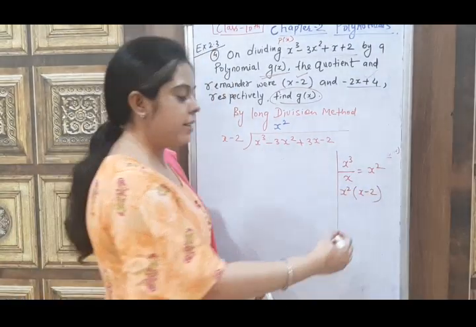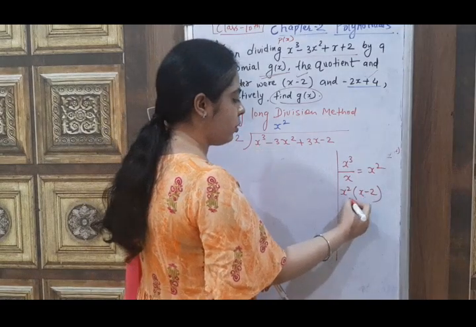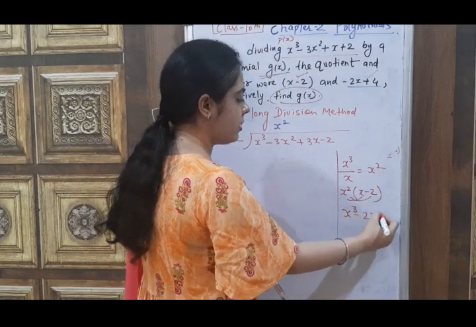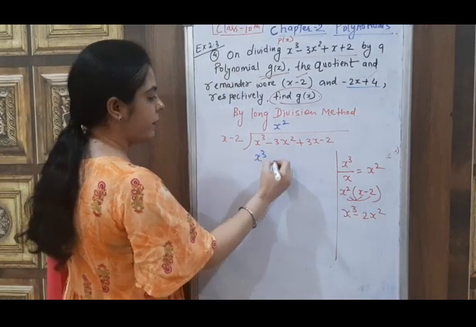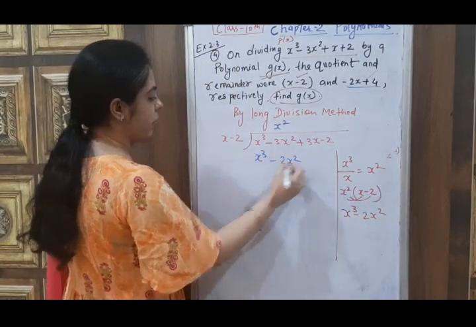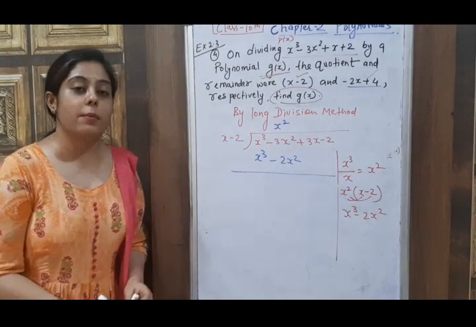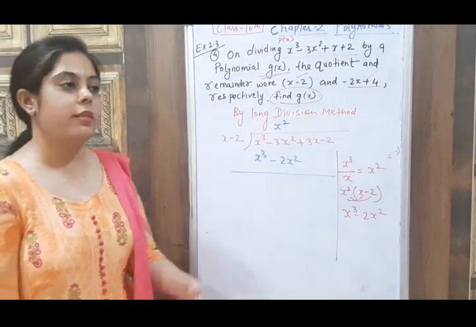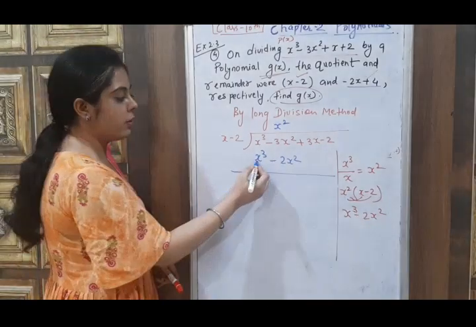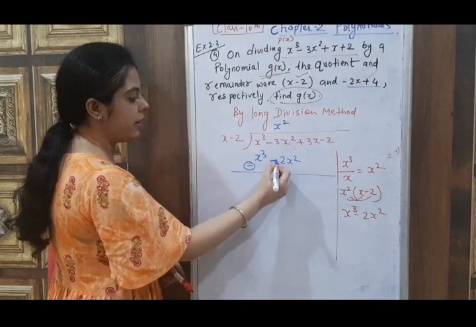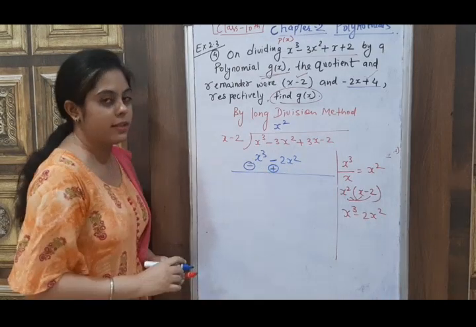So what the answer we get here, just see, x cube minus 2x square. So this value we write here. And just we have to subtract here, and for subtraction what to do, just we have to change the sign of this polynomial. So here the sign will come minus, and here this sign will convert into plus sign.